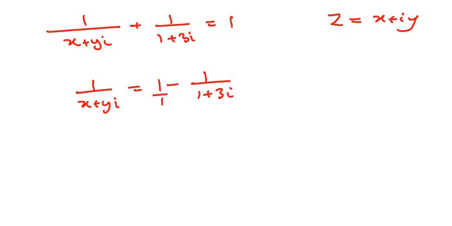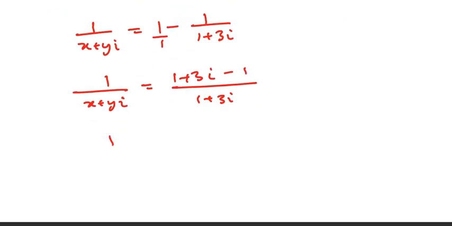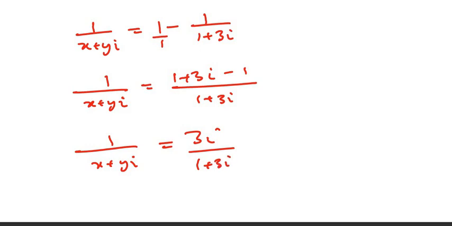There's a 1 down here. This is 1 over X plus YI is equal to 1 plus 3I, then minus 1. This is just going to be X plus YI is equal to, there's a 3I, then there's a 1 plus 3I. We can simply cross multiply here.